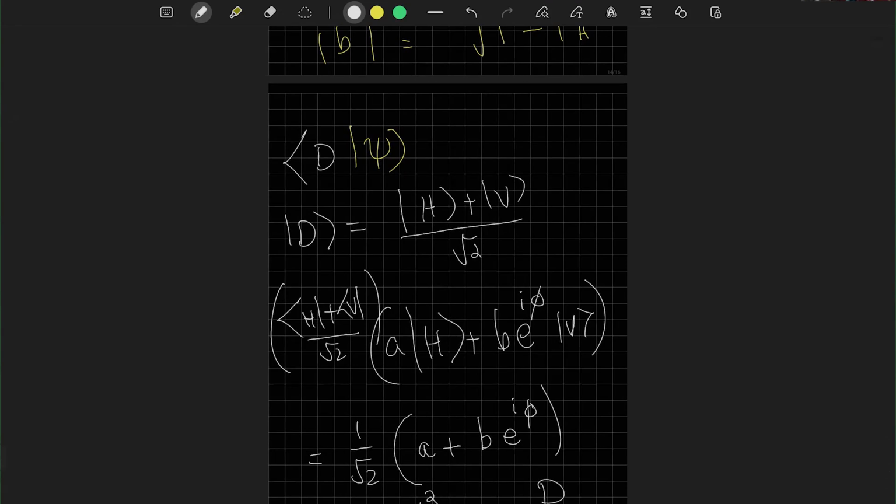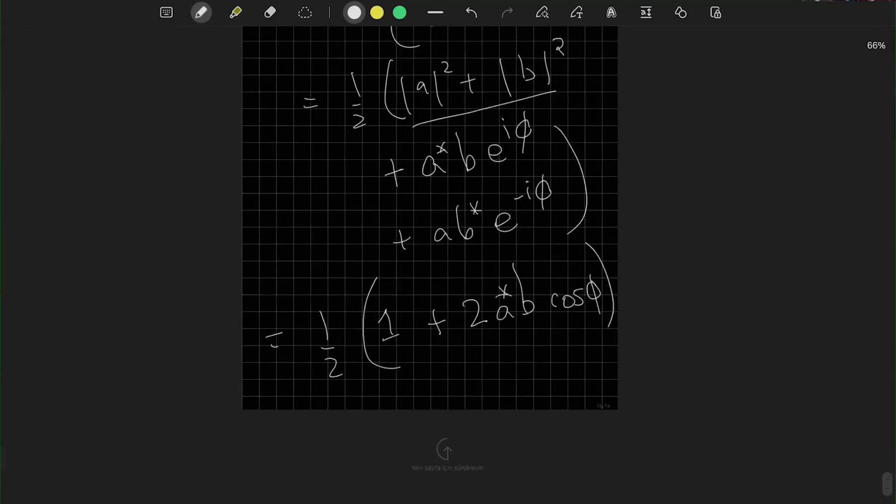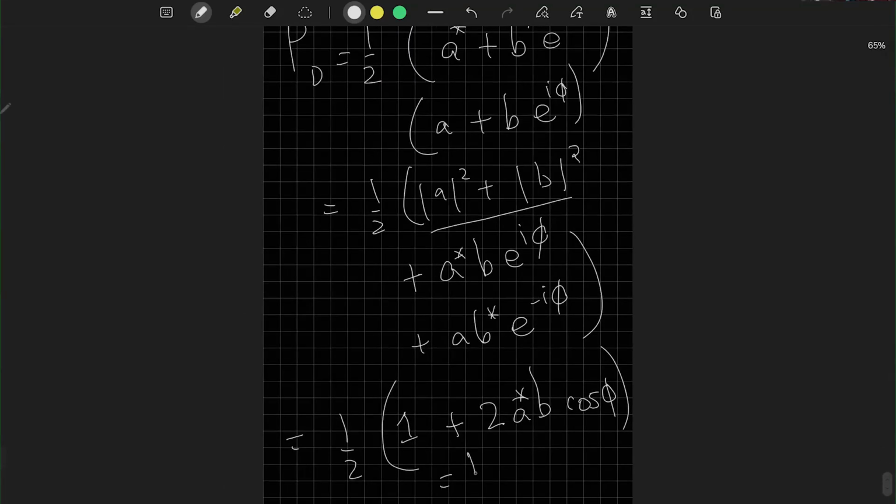All the complex part has been incorporated into this. Right? Any other global phase does not matter. So A and B have to be real in this description. All the complex thing is over here. Right? So this probability P_D is half, 1 plus 2 A B cosine phi.